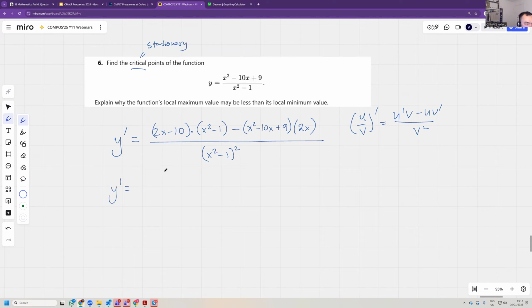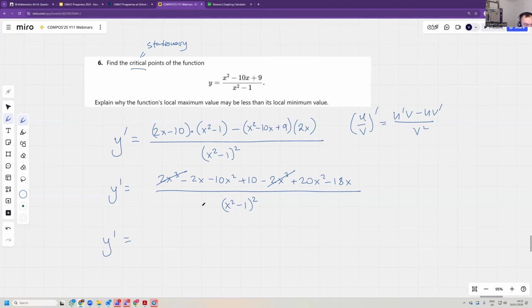So y dash is 2x cubed minus 2x minus 10x squared plus 10 minus 2x cubed plus 20x squared minus 18x, the 2x cubed cancels, over x squared minus 1 squared.